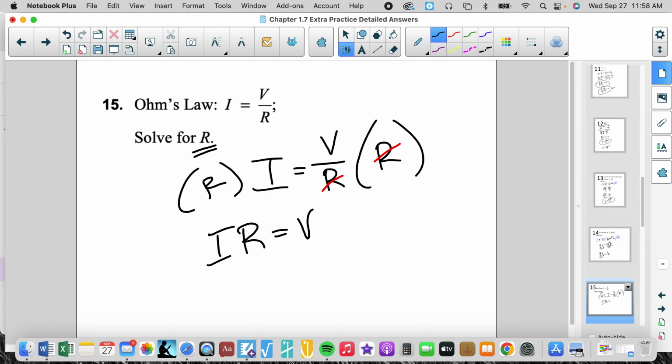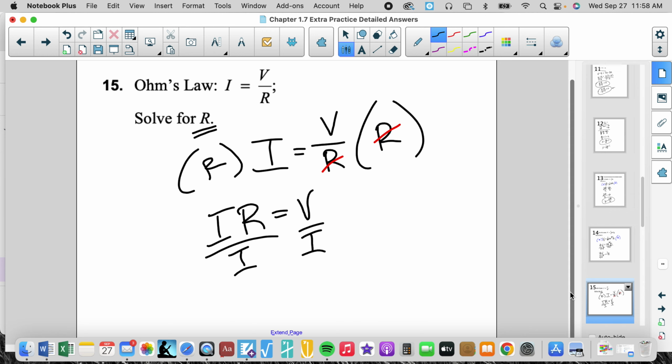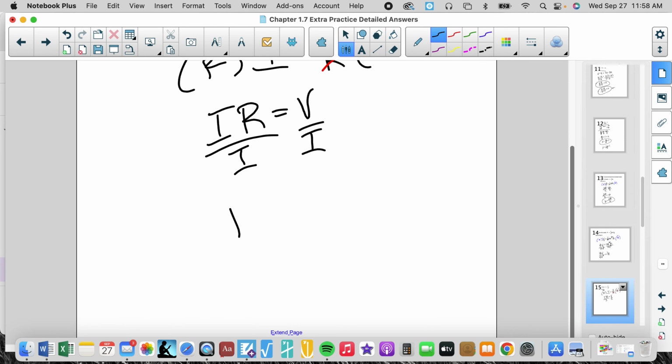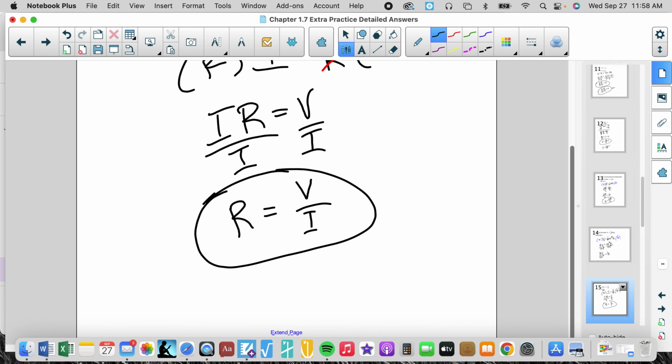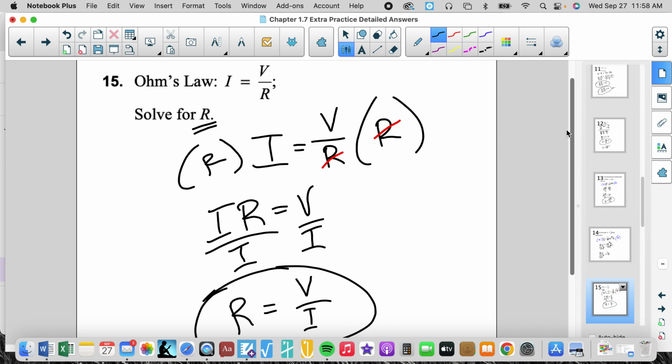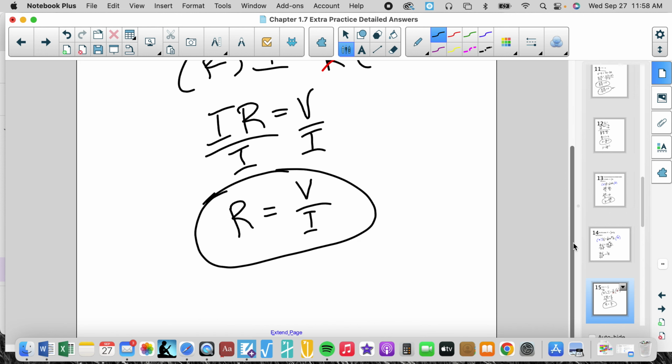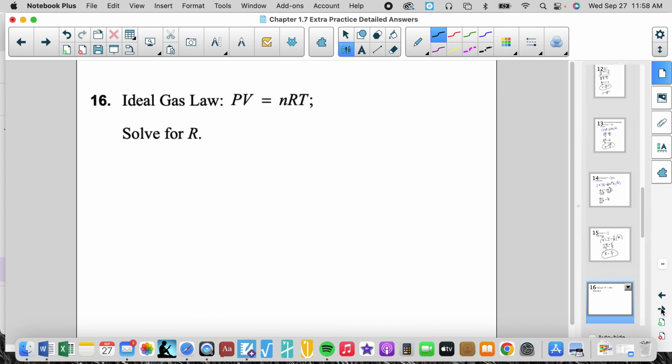That's a very good way. And now we're still solving for R, so we divide by I. That's a very efficient way, and that leaves me with R equals V over I. The other way you could have done it is turned it into two fractions and cross product. But I like that. That's a good one.